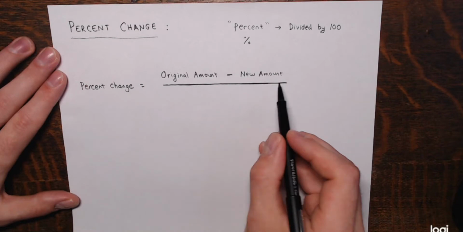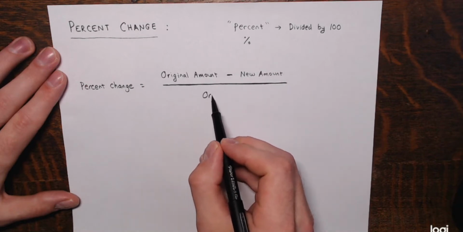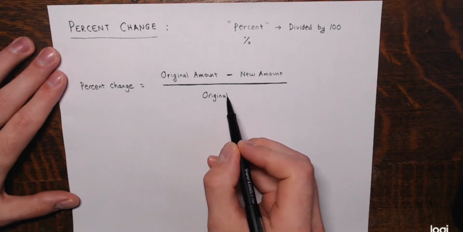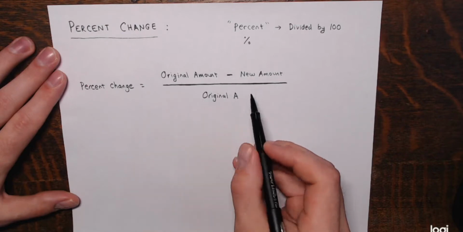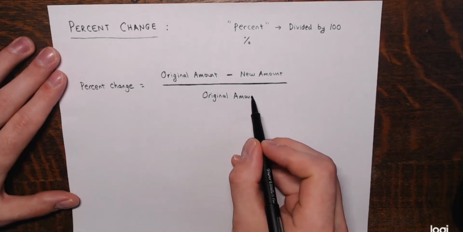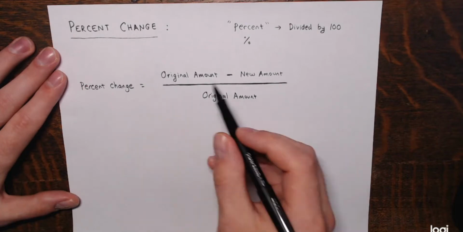So then we divide by the original amount. So original minus new, that whole quantity divided by the original.